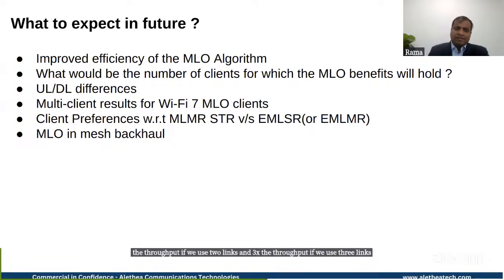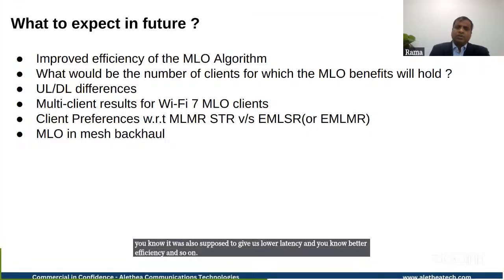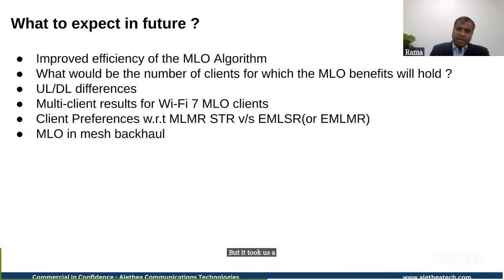Then we also have this thing. In Wi-Fi 6 we had a feature called OFDMA. It was also supposed to give us lower latency and better efficiency, but it took us a long time to get that in real life.